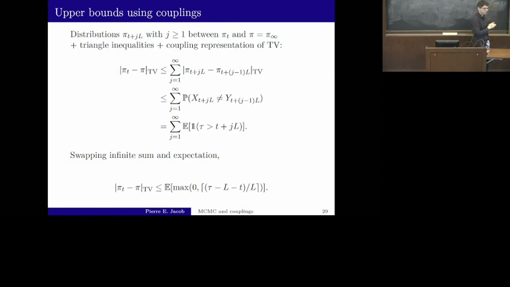Tau was defined before the third line. What is it? So tau is the meeting time. Okay, so it's a crucial quantity.